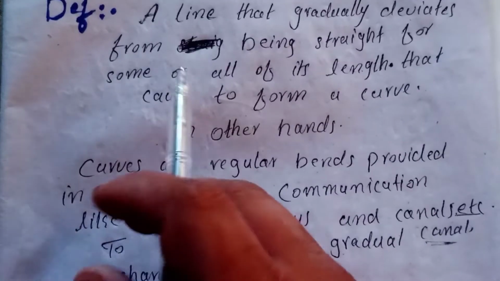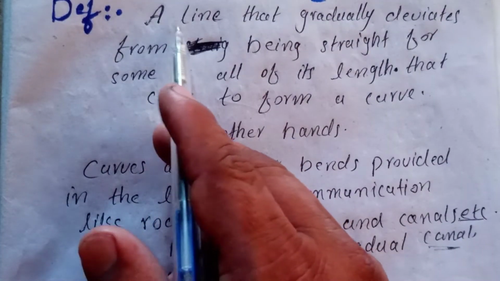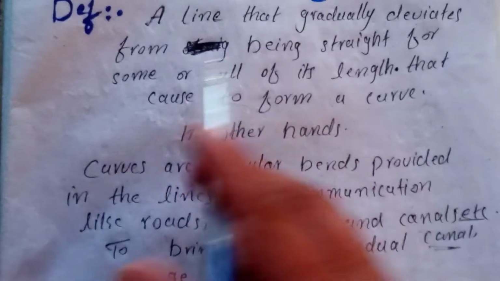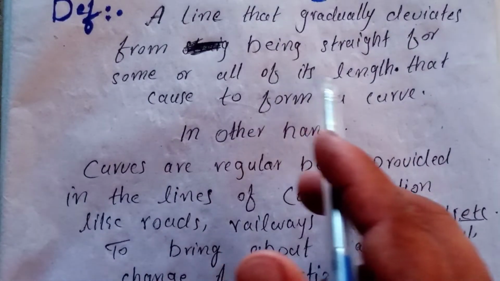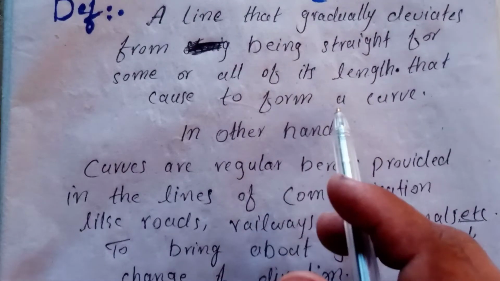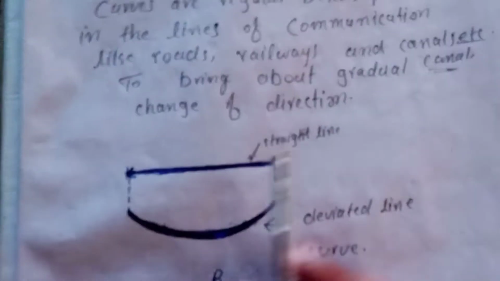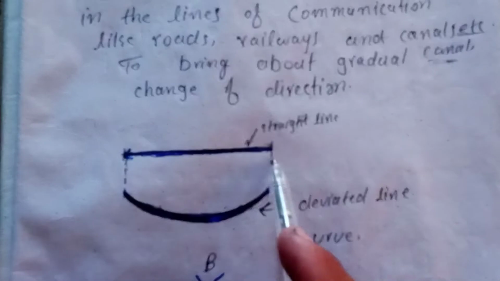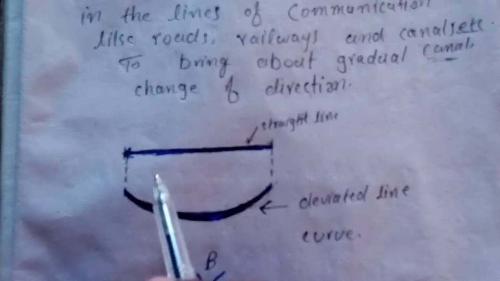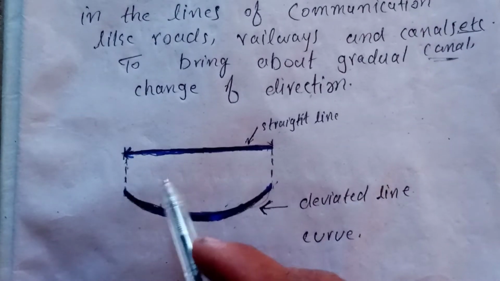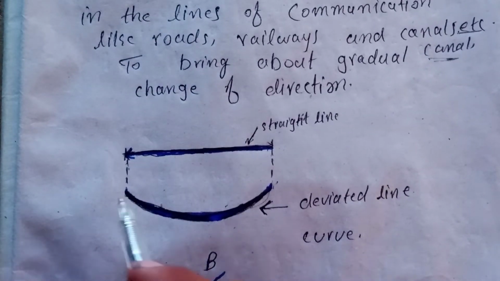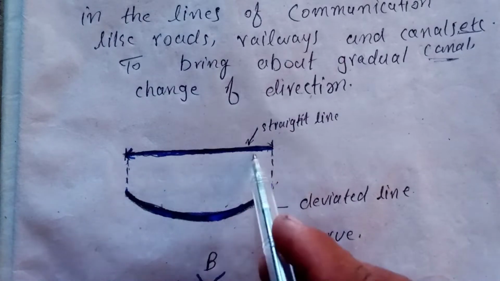It means that in the first definition we say that a line that gradually deviates from being straight for some or all of its length is said to form a curve. You can see here this is a straight line, and we say a line that gradually deviates. So this is a line which gradually deviates from this straight line.